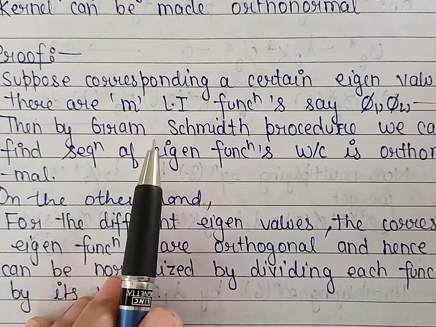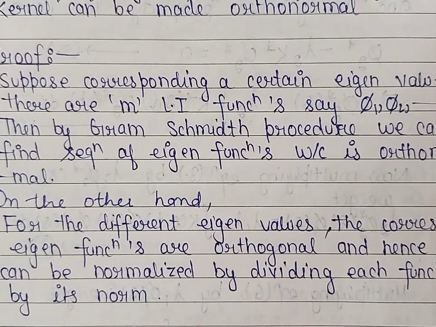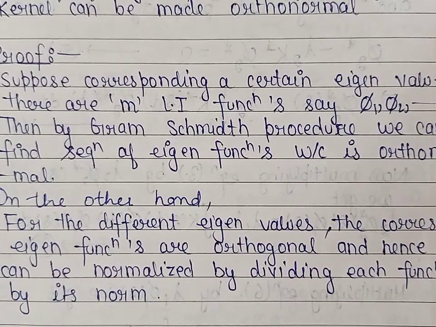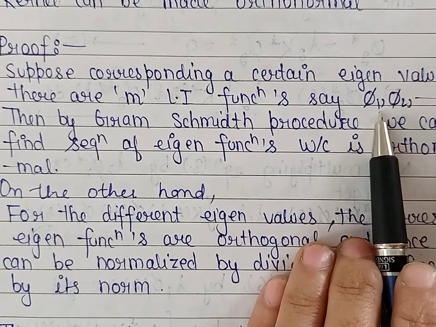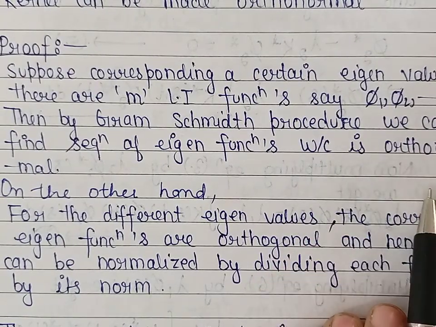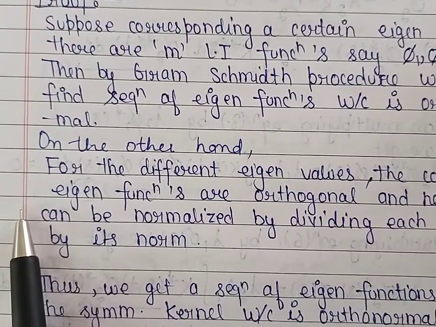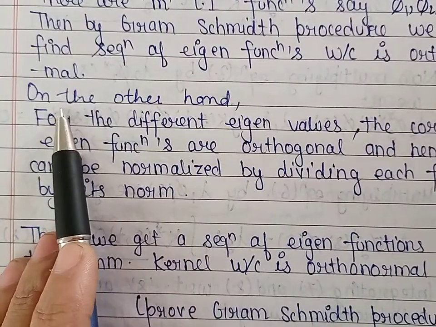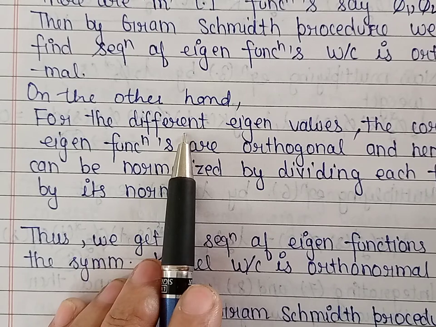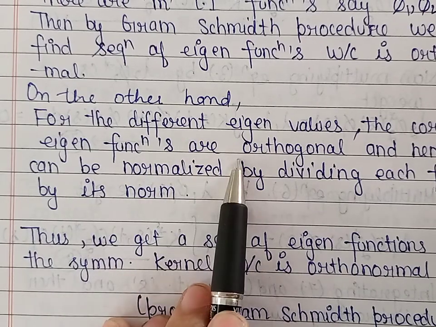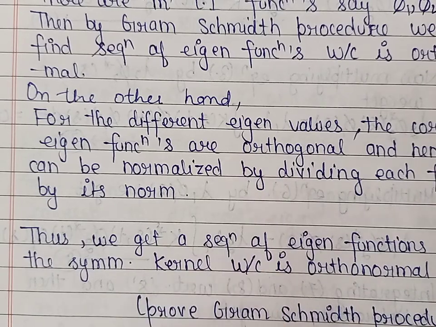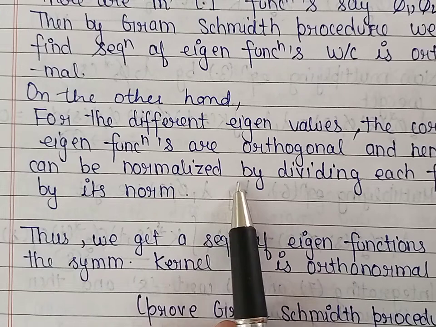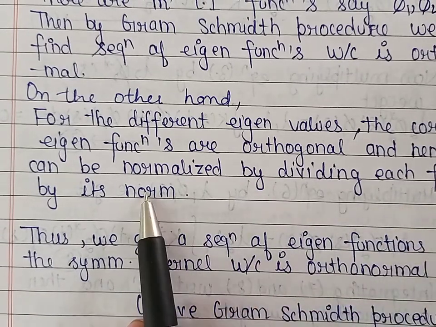According to this procedure, if we are given a sequence of linearly independent functions, we can convert this sequence into an orthonormal sequence. On the other hand, for distinct eigenvalues, the corresponding eigenfunctions are orthogonal by the second property, and also every function can be normalized by dividing each function by its norm.